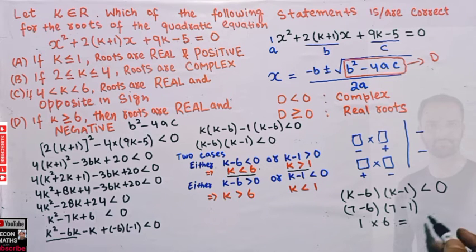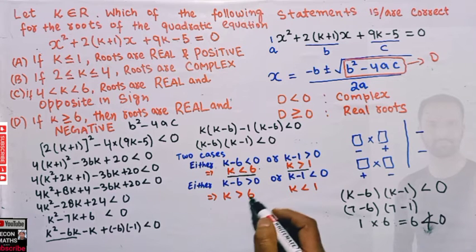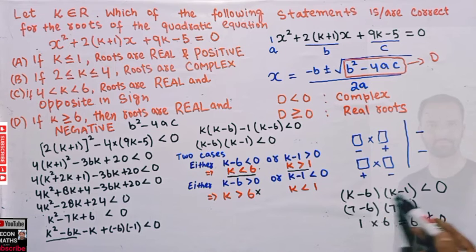So we will get 6, which is greater than 0, which is not less than 0. So this number will not satisfy our relationship.